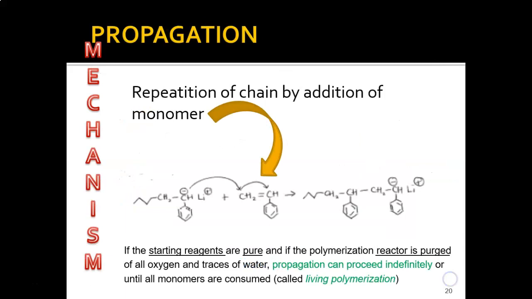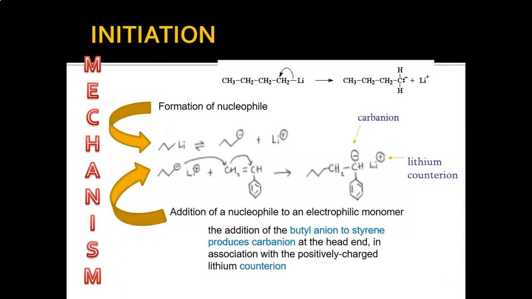Now we look at the mechanism in anionic polymerization. First, the formation of the nucleophile in the initiation process. This is the structure for butyllithium. The full structure of butyllithium is in this form: CH3, CH2, CH2, CH2, and Li.